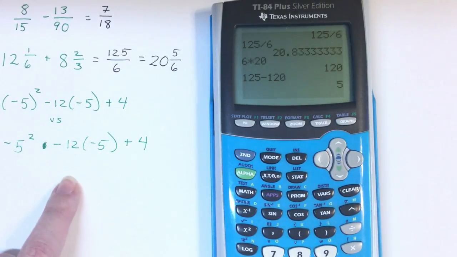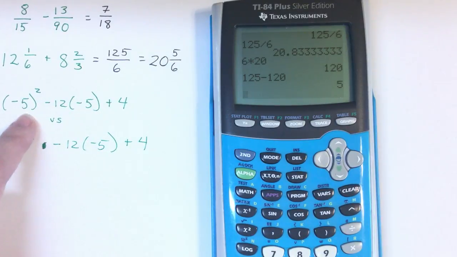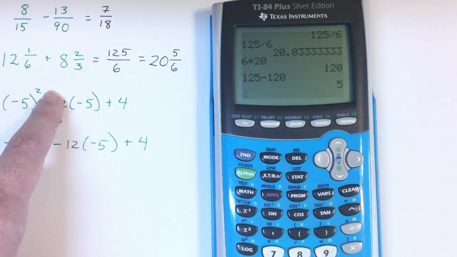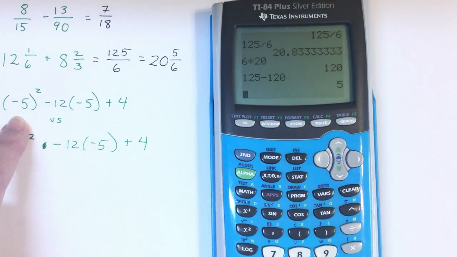Now here, the only difference between these two is that I have parentheses around the -5. If I have parentheses, my base here, the exponent is 2, meaning I've got the same thing multiplied by itself twice, but my base here is -5. -5 times -5, positive 25.